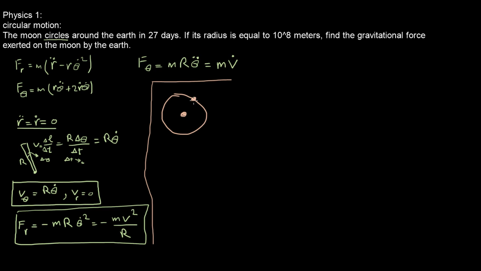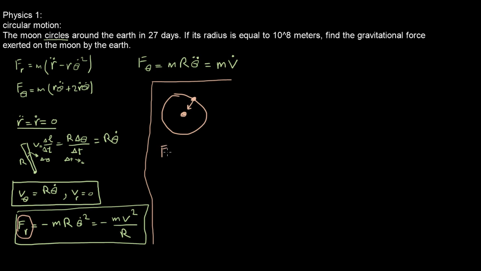So basically the gravitational force is toward the center, and this is the net radial force. So the net radial force is minus m v squared over r. And we know that the only force exerted on the moon in this situation is the gravitational force. So therefore Fr is the gravitational force.